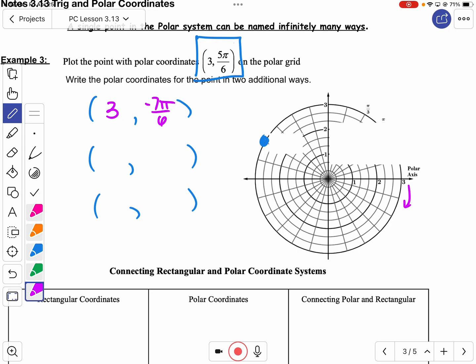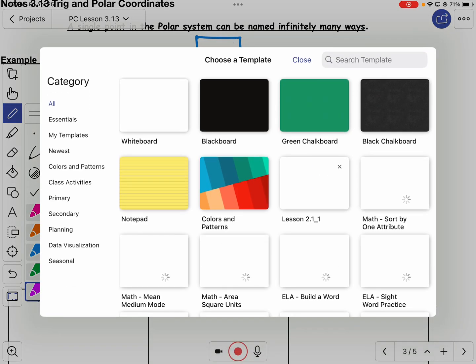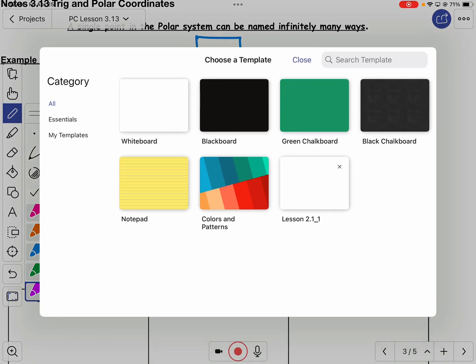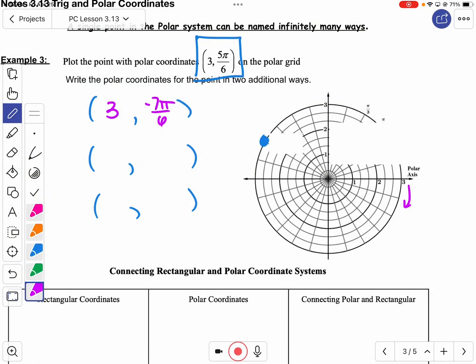Yeah? What'd you use? What was your positive angle? 11 pi over 6, yep, and a negative radius. If I go to 11 pi over 6, that would land me here, and so I need to go backwards, negative 3, so that works.